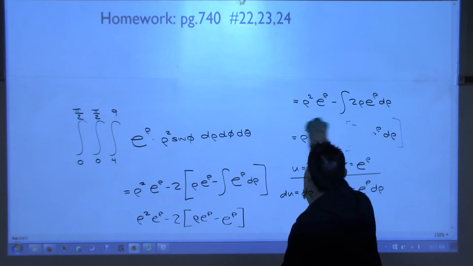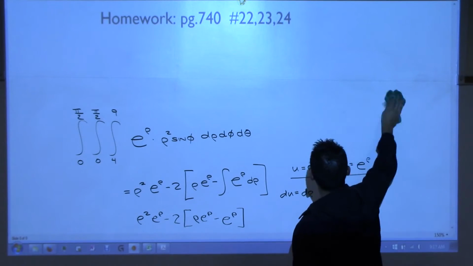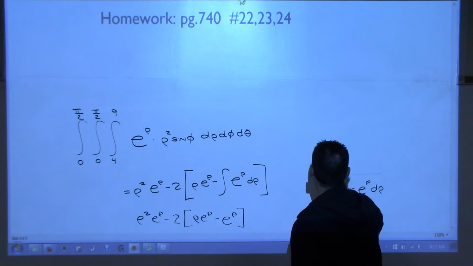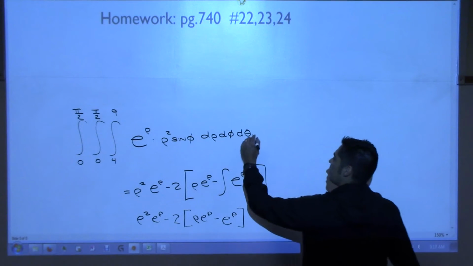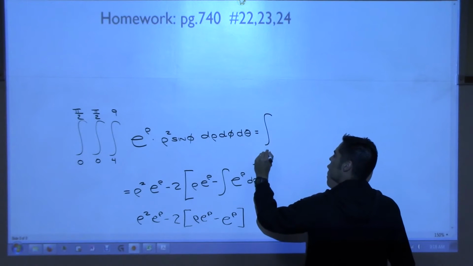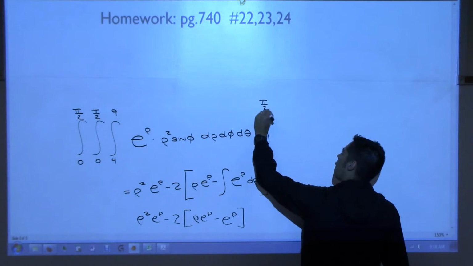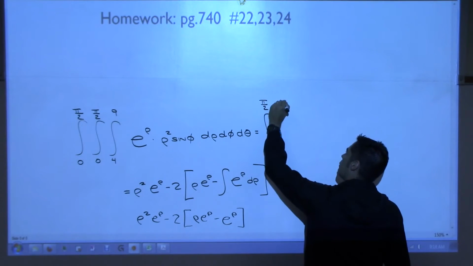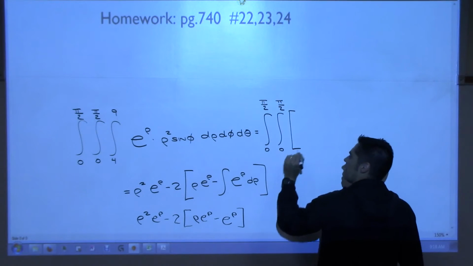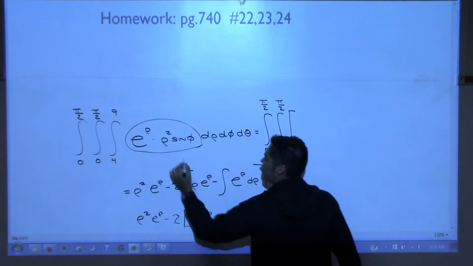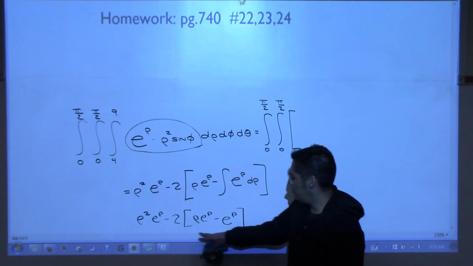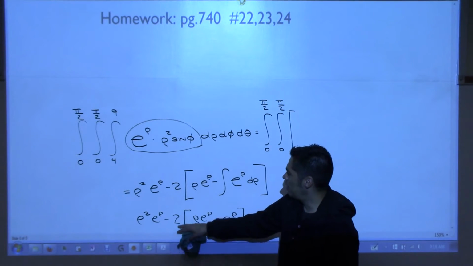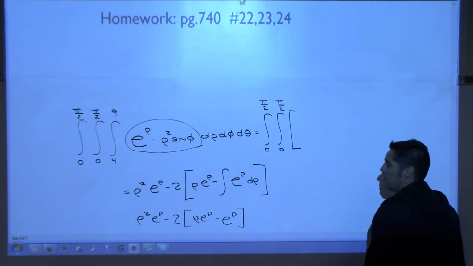So going back to this triple integral, here's what I know. This is equal to integral 0 to pi over 2, integral 0 to pi over 2, and then that inside piece, the antiderivative of this, is all of this. I'll distribute the 2 through in a second, but remember I had a sine phi there.